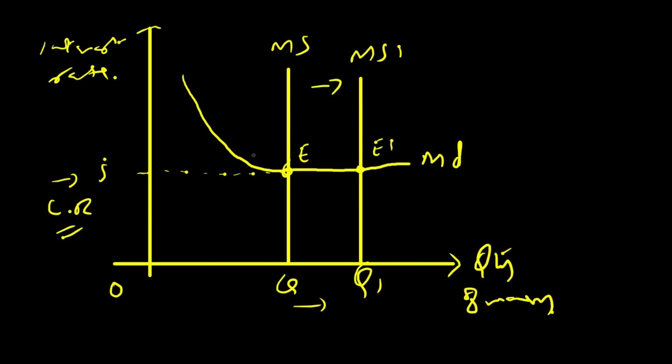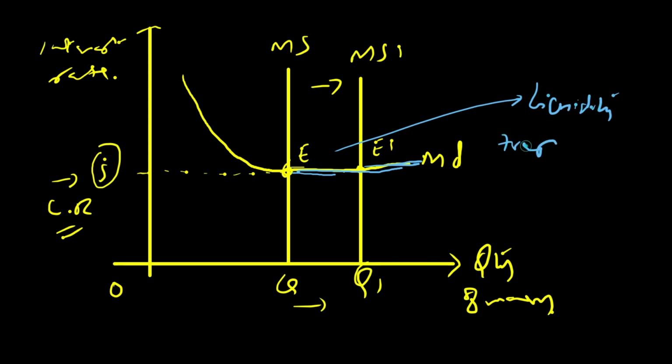So you can see at E1 interest rate is still high, and this gap from E1 onwards, when the curve is a horizontal straight line, is also known as liquidity trap, right? So this horizontal part is known as liquidity trap.